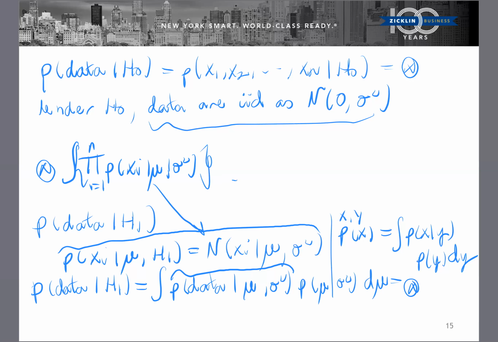And then it's a matter of plugging in what this guy is. You might not remember at this point, but this was a normal on mu centered at 0, where we had this discussion about why am I centering at 0. So that's where it comes from. And the variance was sigma squared.